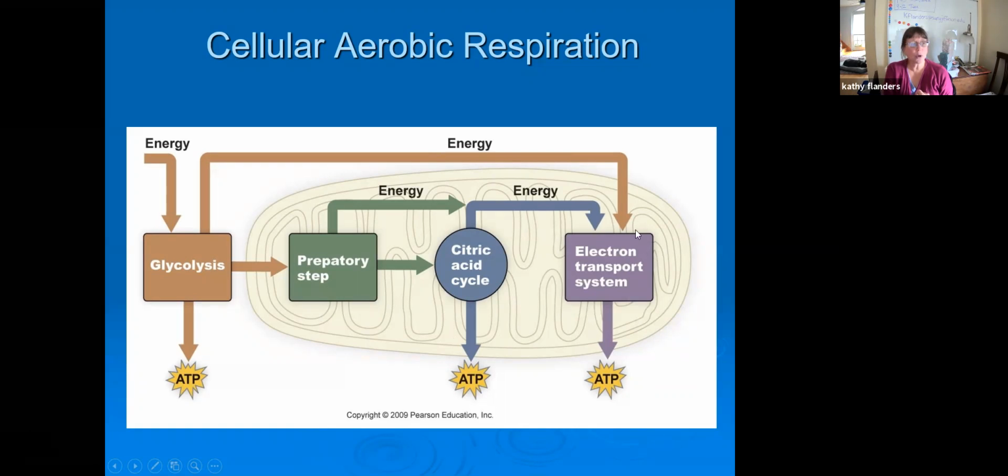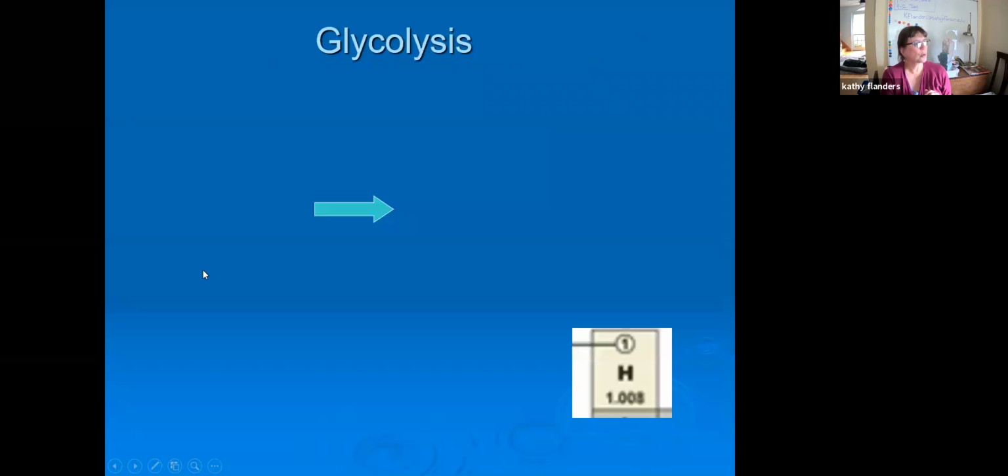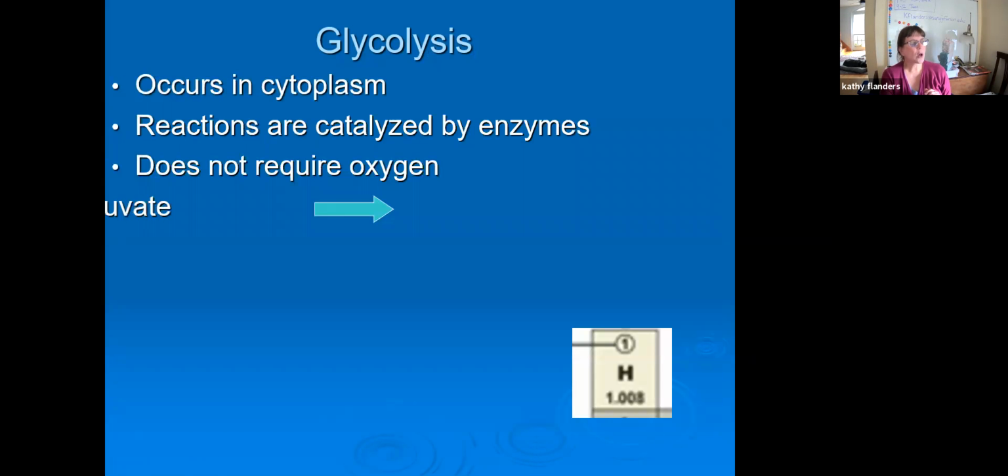And we saw with the ATP that it mostly came from the electron transport chain. So glycolysis is going to break down the glucose into 2 pyruvate. That's the goal of glycolysis.